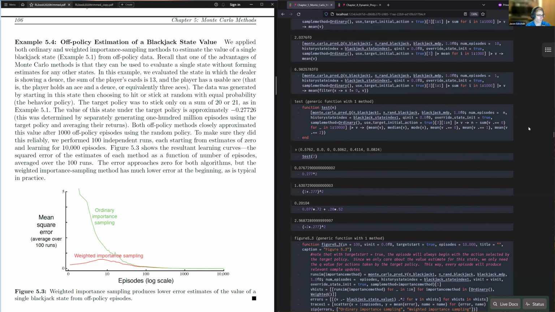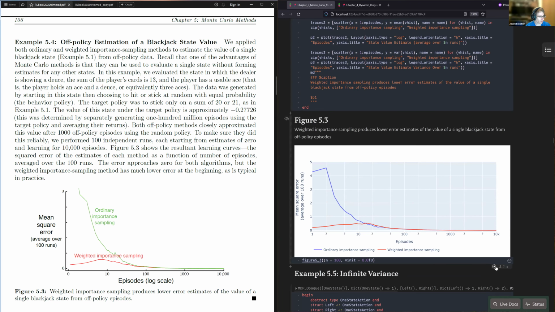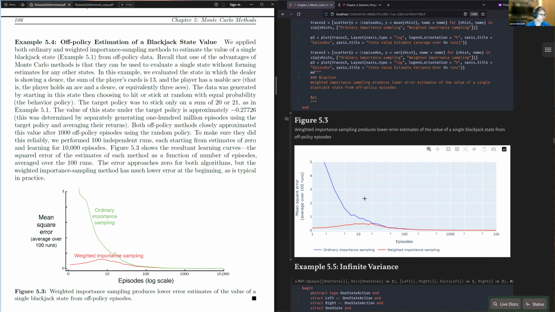Because the variance is high, this part of the plot will change as you keep running it. But the idea is that these early values using ordinary importance sampling have a pretty high error compared to weighted importance sampling, which has relatively lower error.